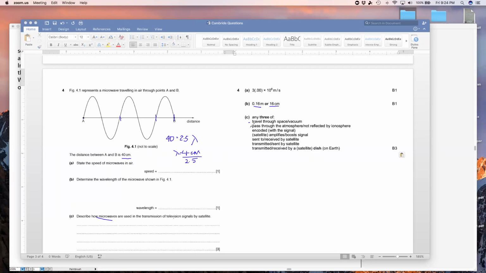The second one is when the microwaves are traveling up around the Earth, you have a region called the ionosphere. Normally, waves hit the ionosphere and they don't penetrate, they're actually reflected off the ionosphere. Microwaves, on the other hand, are able to penetrate the ionosphere to reach the satellite, and then they can be reflected back down. So this is another reason.